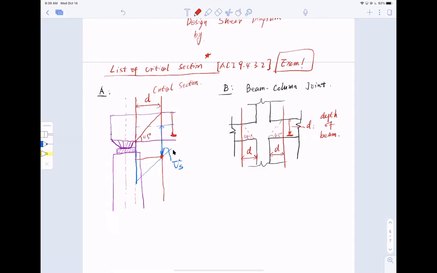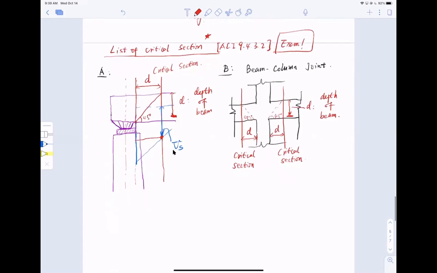Don't get me wrong, there's a rebar here, so it's the beam depth. So these are the critical sections. Forgive my calligraphy, my writing is getting worse on this Apple Pencil. Try to improve, sorry about that. So this is scenario B.